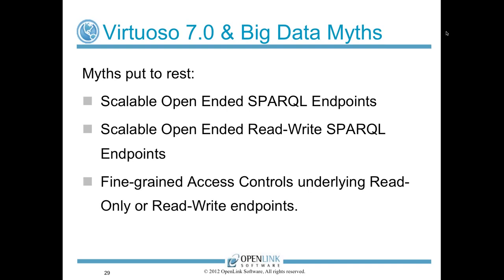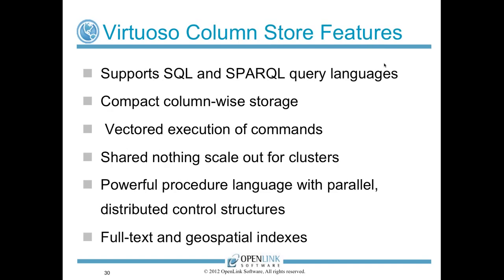So typically this involves some public data that's for everybody plus selected data sets for specific users, and there is graph-level security that can make sure that you only see what you're allowed to see. Same thing for writing. There is graph-level security for that too, so you can also have read-write endpoints. Okay, so next.